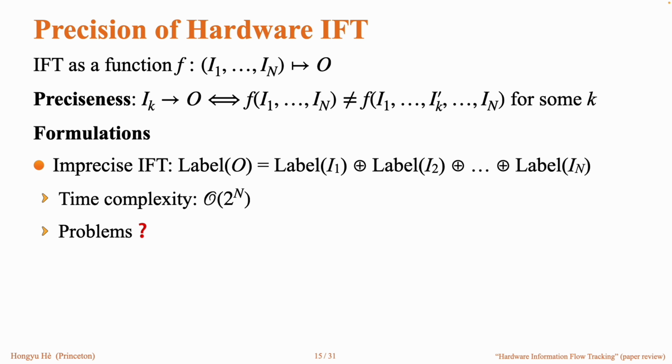Could you just elaborate on the last part about time complexity? Why is it exponential? I just don't quite see it. So the question is why the complexity is exponential. Any ideas?